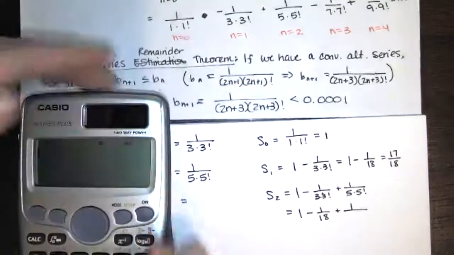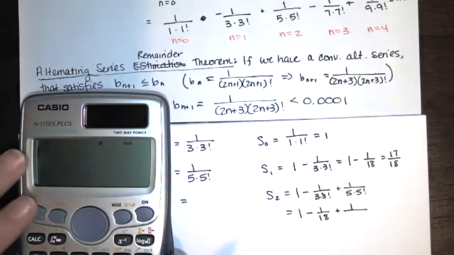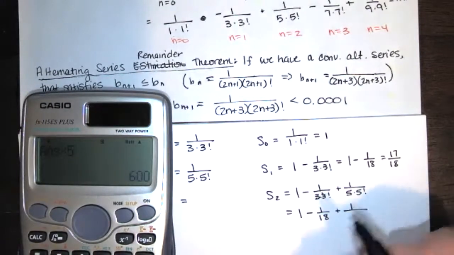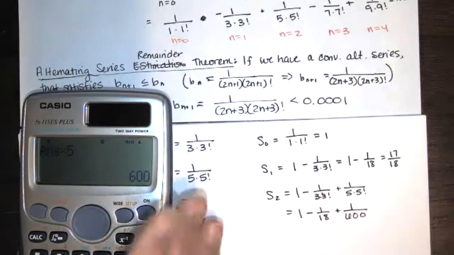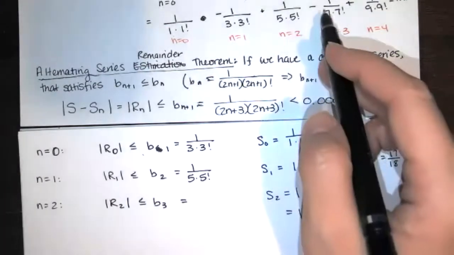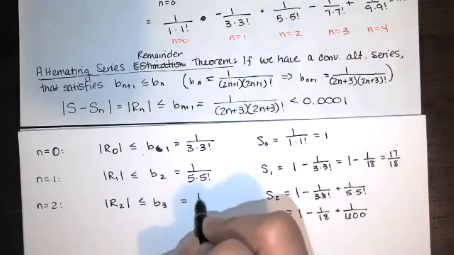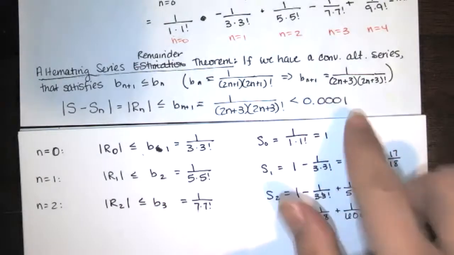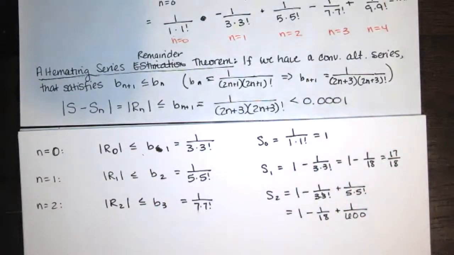Let's see. So I'll do 5 factorial in my calculator. That's 120 times another 5. Okay, 600. And we could get a common denominator and simplify if we wanted to, but I'm not going to. But the next term is 1 over 7 times 7 factorial, if we're just looking at the absolute value, and that's the error. We're looking for this number to be less than or equal to 0.0001.